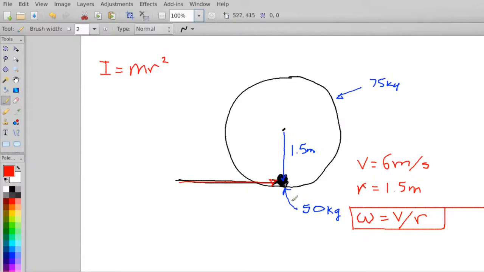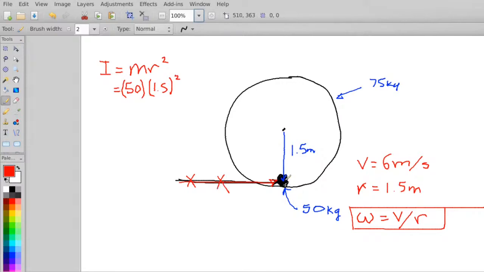So there's the mass m, there's the 50 kilograms right there. And again, at that instant when the child is about to grab on, they're at a radius of 1.5 meters, and we want to square that. If we multiply those numbers together, 50 times 1.5 squared, that's the moment of inertia of the child. Again, it's kind of weird because we're not asking what's the moment of inertia of the child here or there.